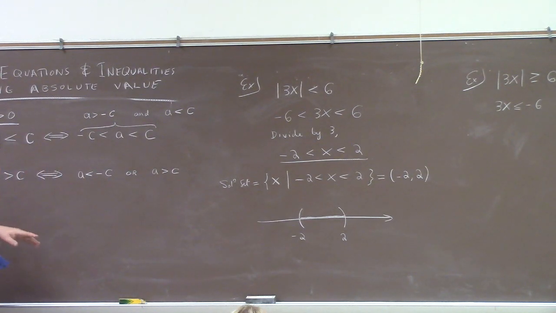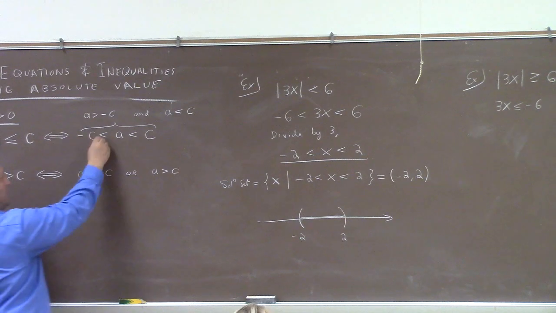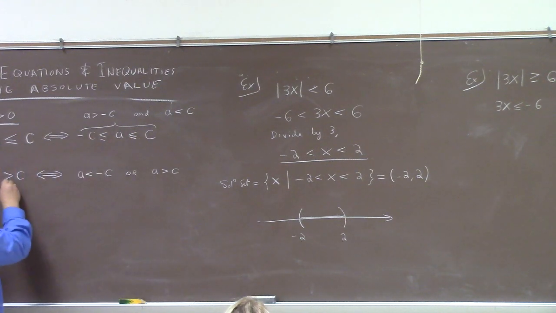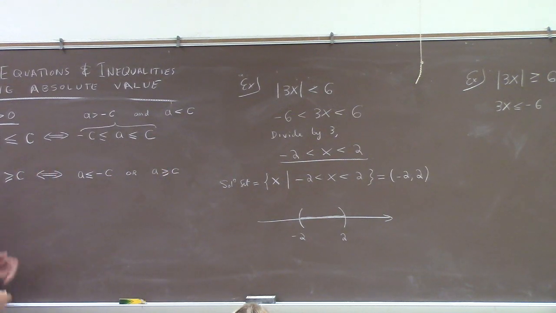I'm just applying it to the context that our A is 3x and the constant we're dealing with is 6. And by the way, when equality, you can throw in the equals case to both of these, right? These are still true. If I put an equals here, it just slaps an equals there and an equals there. If I put an equals here, it slaps equals here and here. All right?